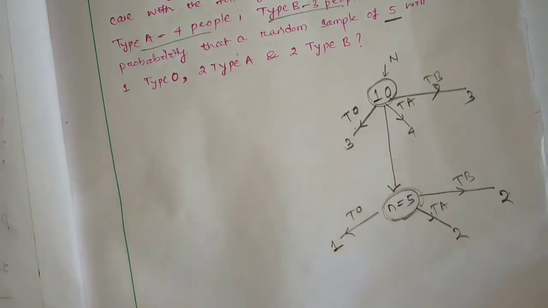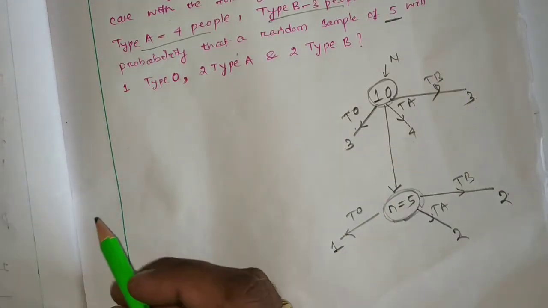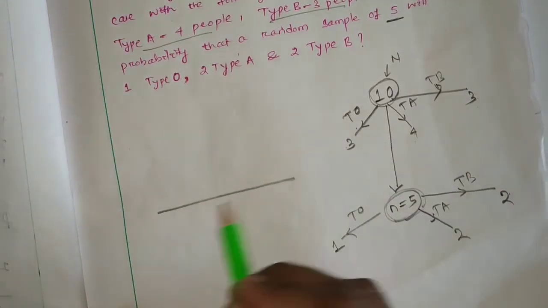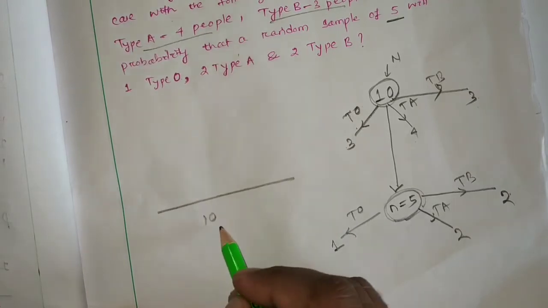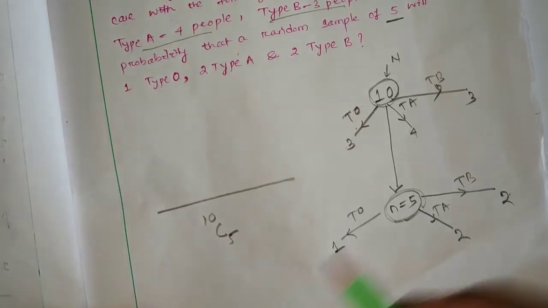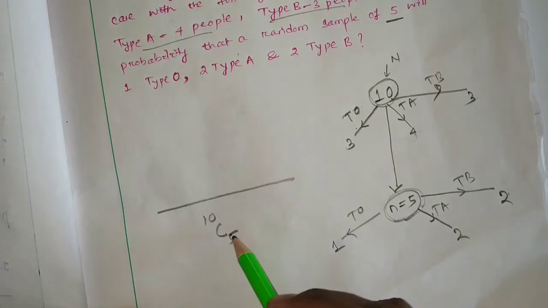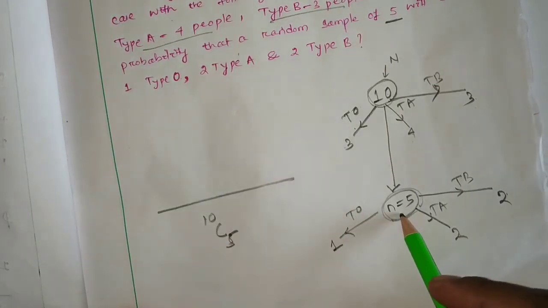It is exactly similar to what we have already discussed. First, divide by 10C5, because from the 10 we randomly select 5 persons.